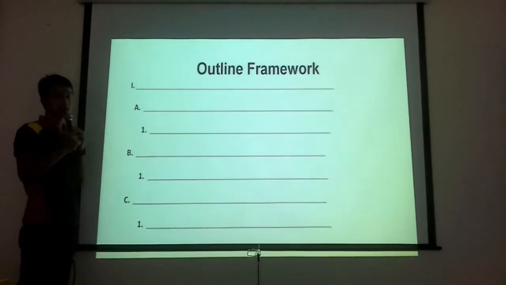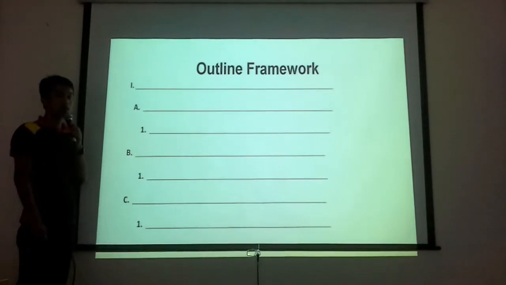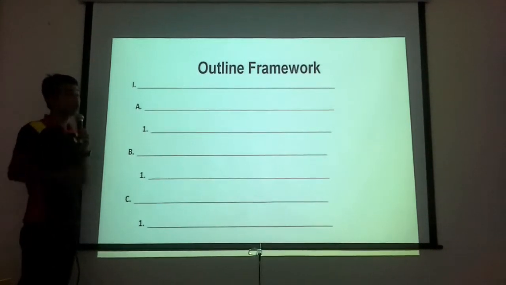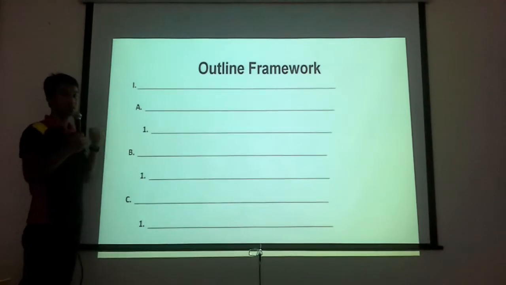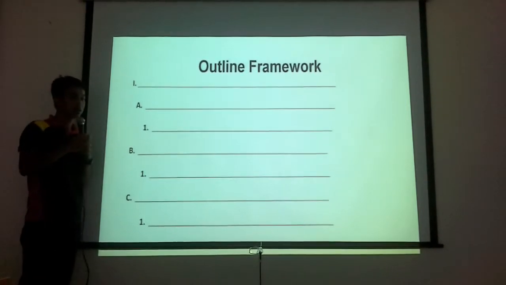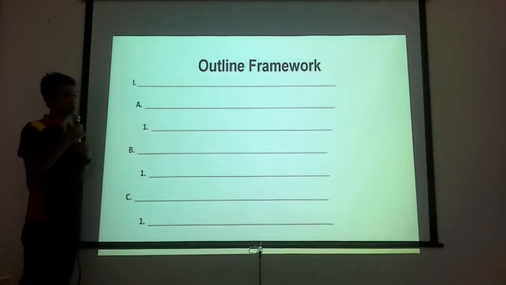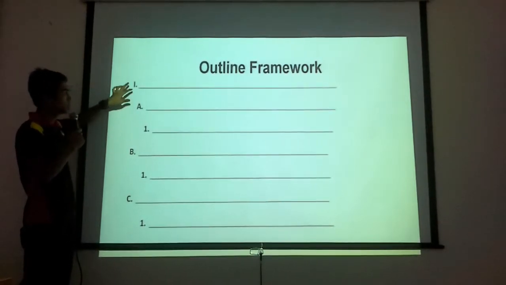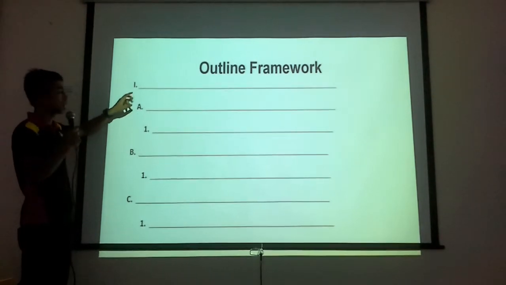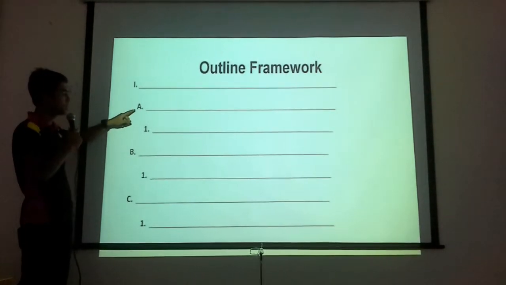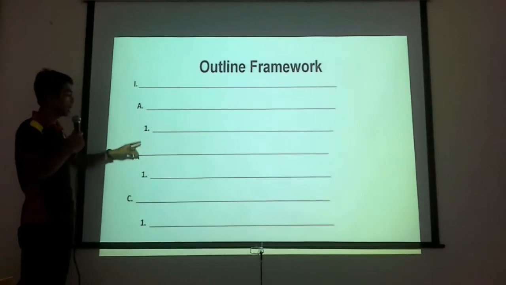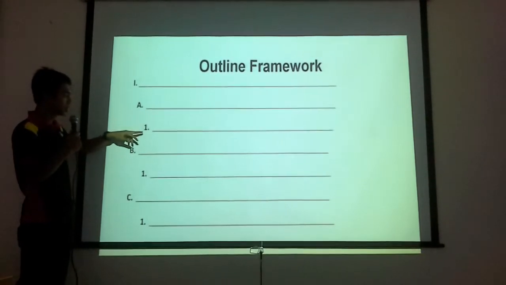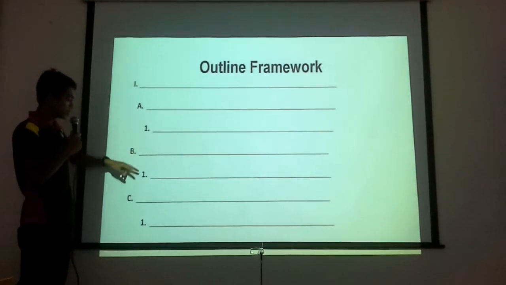The main point is to show your general idea, your general flow before you start writing. So Roman number 1 is the main point, and alphabet A, B, and C are the supporting points, and Arabic number 1 for each supporting point is represented by 1, 1, and 1.